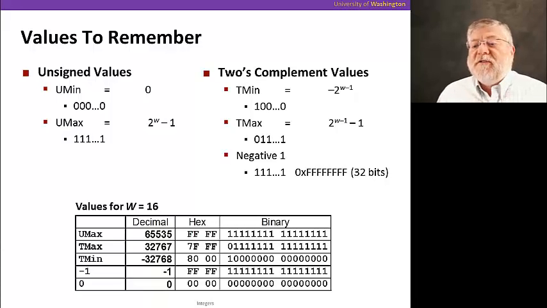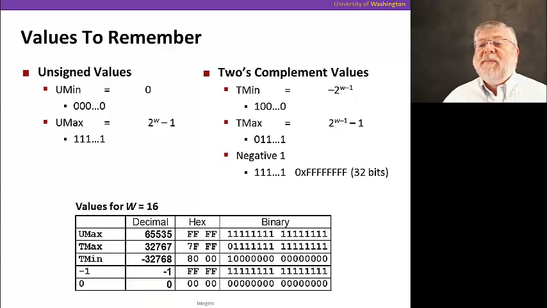Okay, some values to remember when we're thinking about integers: for unsigned values, we have a special value called umin, which is the smallest number we can represent. That's 0, the bit pattern of all zeros, and the maximum, umax, the unsigned max, is all 1s, obviously, and that would correspond to 2 to the w minus 1.